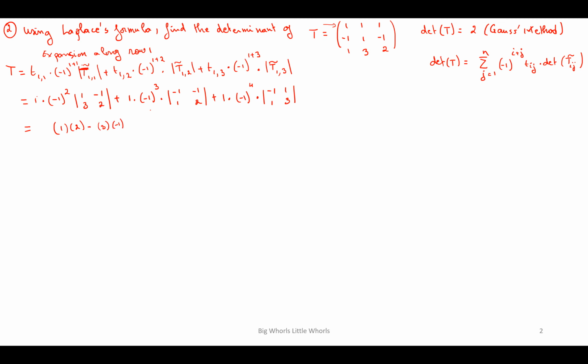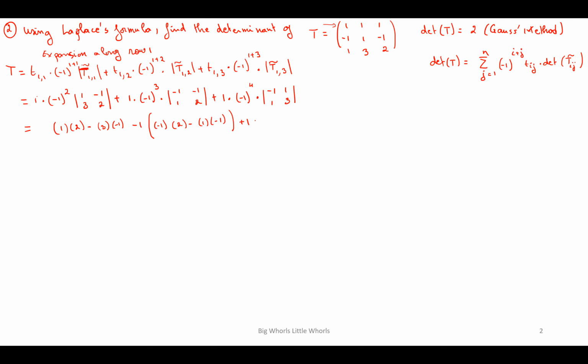And here minus 1 cubed is minus 1, multiplied by the determinant of a 2 by 2 matrix: minus 1 multiplied by 2 minus 1 multiplied by minus 1.